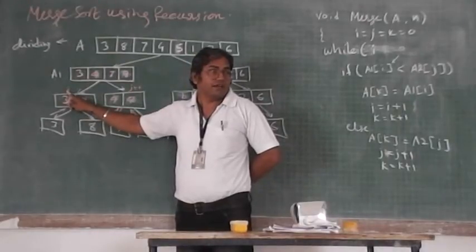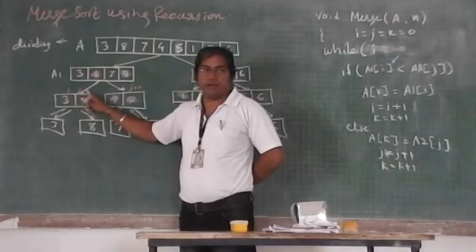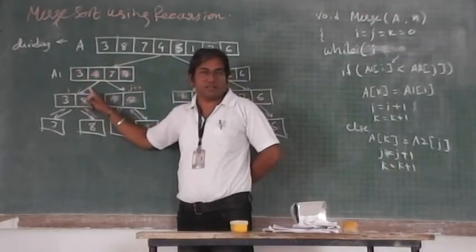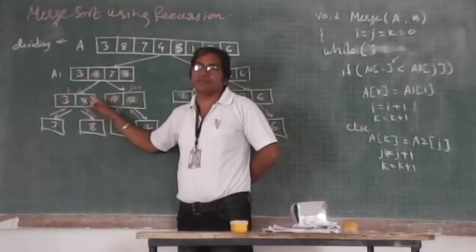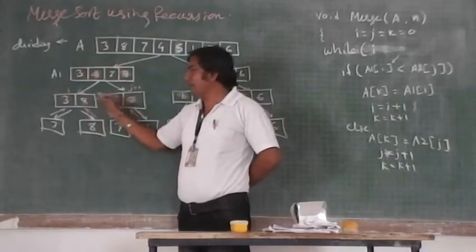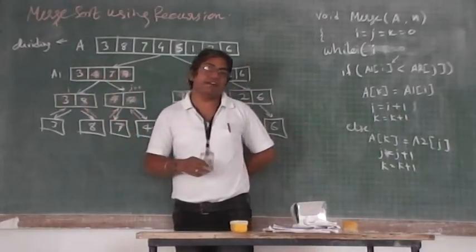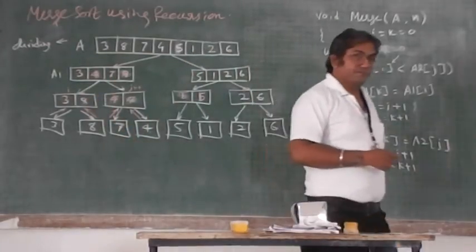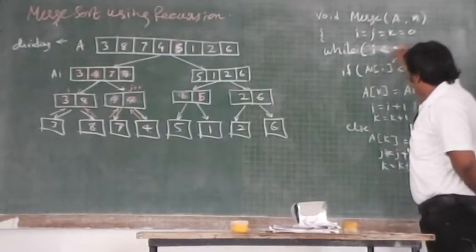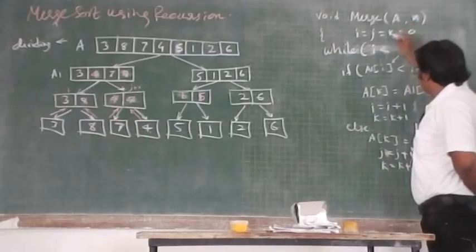Okay? If suppose i increments to 1, then what happens? It means i has reached up to its limit. At that time, I need to stop the comparison and pushing the element to its parent array.